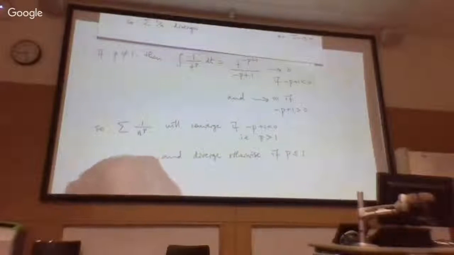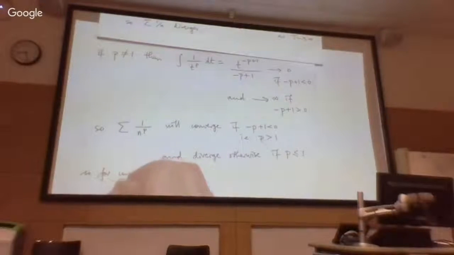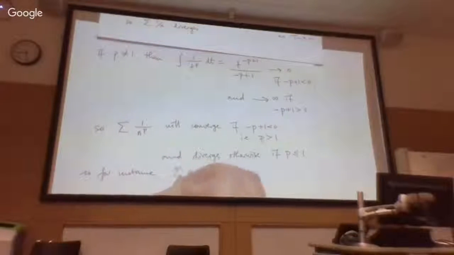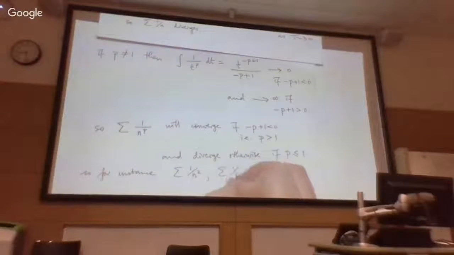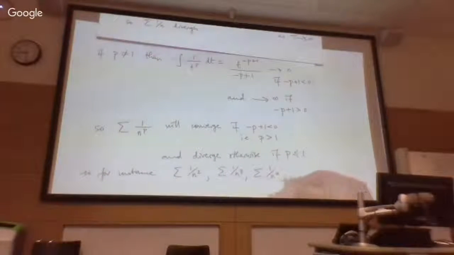So, for instance, we now know about all these series: the sum of 1 over n squared, the sum of 1 over n cubed, the sum of 1 over n to the power 4, all these ones converge.